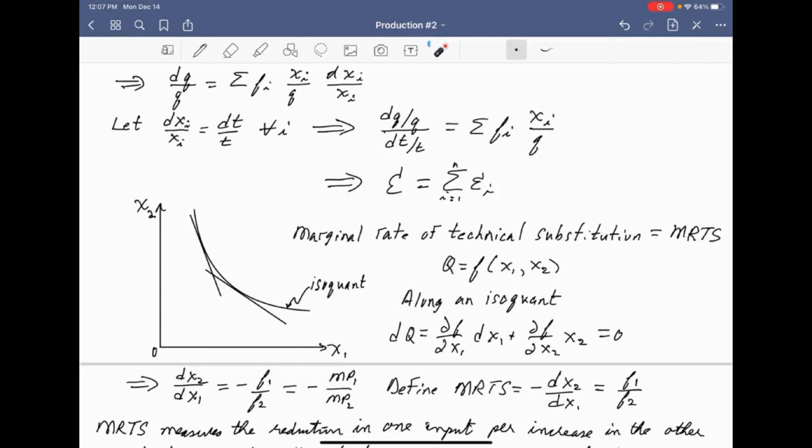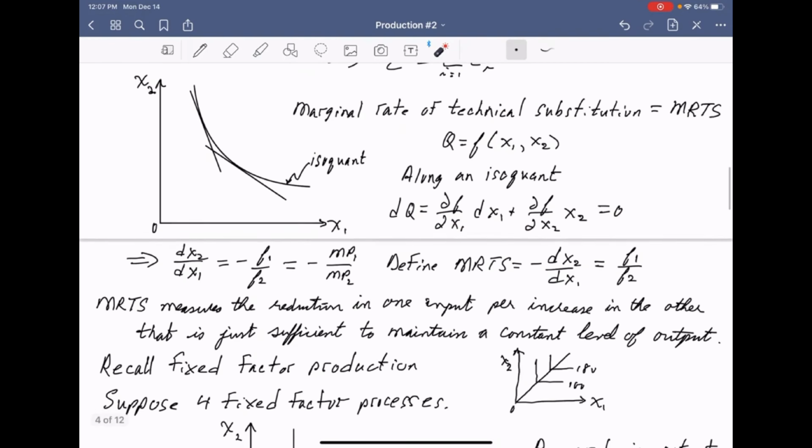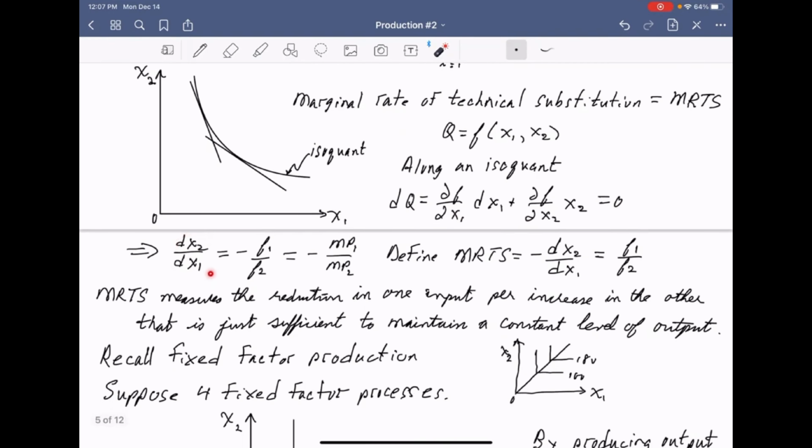So if we take a production function, Q as a function of x1 and x2, we find that along any isoquant, along this isoquant here, when we total differentiate and set that equal to 0, what we get is dx2 over dx1, which is the slope of the isoquant at any point, equal to minus f1 over f2, the ratio of the marginal products of 1 over 2.